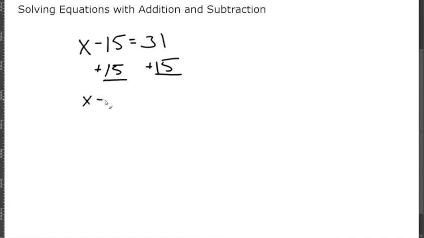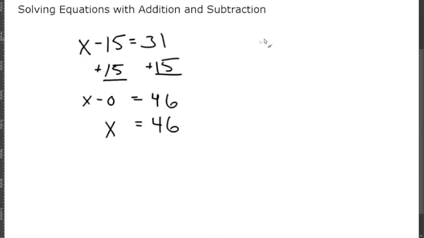x minus 0 equals 31 plus 15, which is 46. x minus 0, take 0 away from anything, we know that you're still left with what you originally had. So that's x, and we're left with 46 on this side, so x equals 46. Let's just double check that real quick.